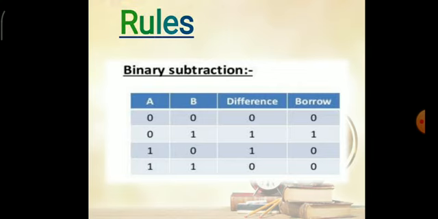If you subtract a 0 from 1, the difference will be 1 and borrow will be 0. If you subtract a 1 from 1, the difference will be 0 and there will be no borrow. Here the only rule to be remembered is that when we subtract a 1 from a 0, the difference will be 1.